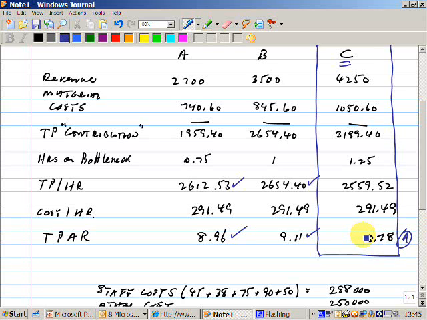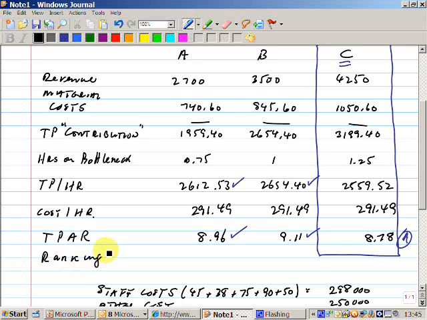What we're asked to do here is to calculate the optimum product mix and the maximum profit, therefore, per annum, based on those figures. Okay, so the first thing we need to know is how many of A, B, and C are we going to do? And because we've got these particular figures, we can rank these in terms of profitability.